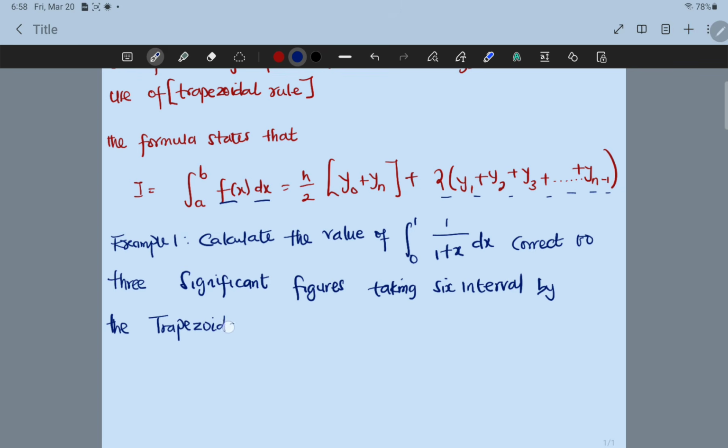See that? By the trapezoidal rule. All right.